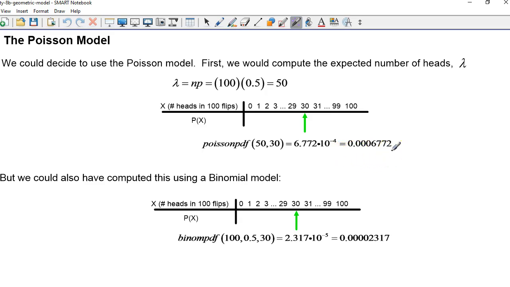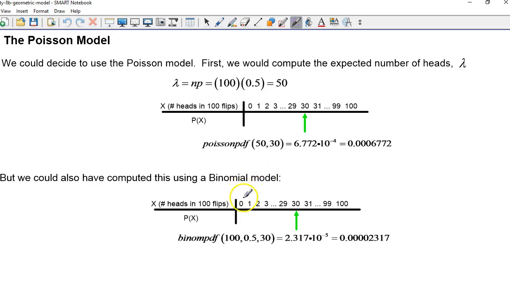Now, why is that so low? Well, that's because in 100 coin tosses, 30 is a very, very specific example. This probability of 100% is spread over 101 possible outcomes, so any one value, like 30, is bound to be very low. Now, because we had an n value and a p value, we could have chosen to use the binomial model to analyze this.